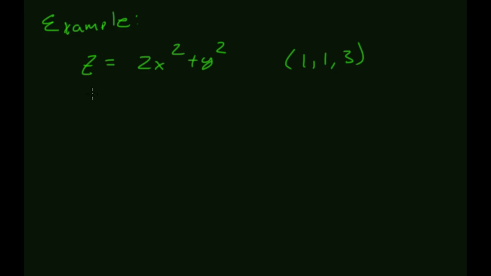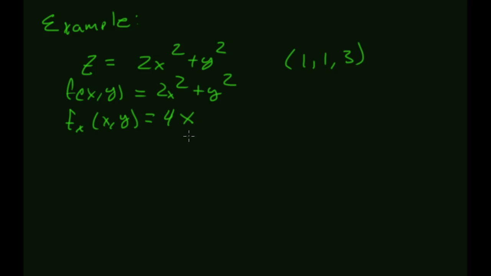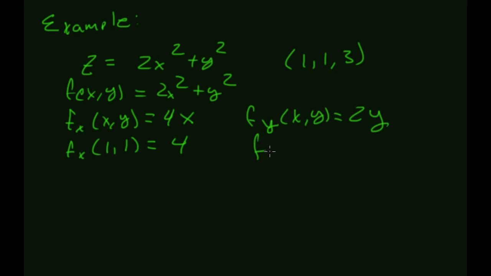So the first thing I need to do is let f of x, y be 2x squared plus y squared. And then I need to take the two partials. The partial with respect to x gives me 4x, so the partial with respect to x at the point 1, 1 is just 4. The partial with respect to y is 2y, and the partial with respect to y at 1, 1 is 2.